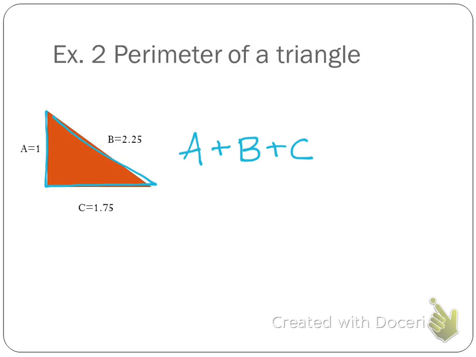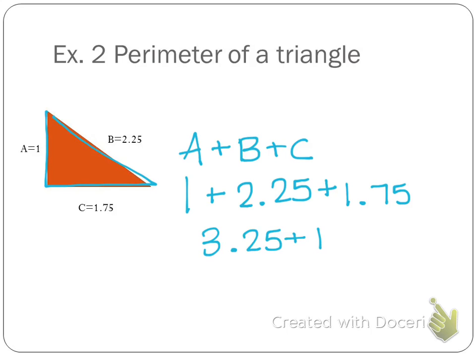So let's just plug in our numbers and solve. 1 plus 2.25 plus 1.75. 1 plus 2.25 is 3.25, plus 1.75 is what? 5. Very good.